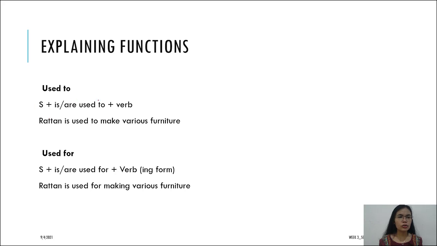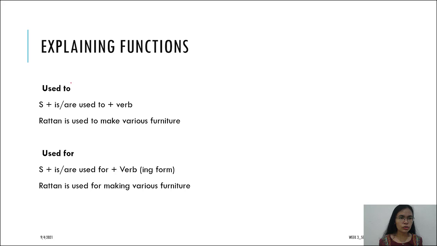When you're using used to, you make sure that it's followed by verb 1, and when it's using used for, then you follow it with verb ing. For example, rattan is used to make various furniture, or you can say rattan is used for making various furniture. So these are two ways of explaining functions.